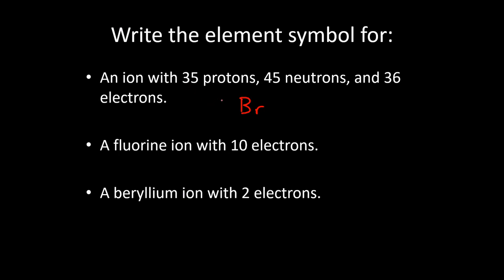So that means that the mass number is going to be 80. Those two added together. The mass number is the protons and neutrons added together. We're told that we have 36 electrons and 35 protons. We have 1 more electron than proton. That means that our element is going to have a single negative charge. So that is our symbol here.